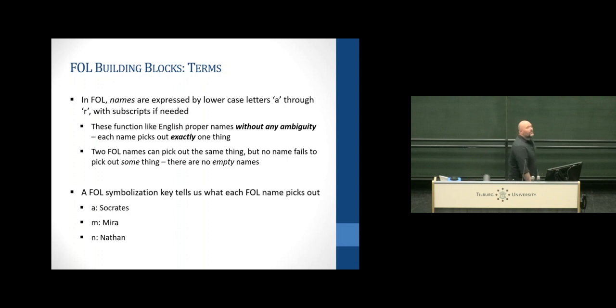Notably, we will allow for one object to have multiple names. So we can talk about, I don't know, Bruce Wayne and Batman. If we have one as little b1 and one as little b2, both of those can designate the same entity. That's perfectly fine. But importantly, for our language, for FOL, we cannot have a name that picks out nothing. We cannot have what we call an empty name, like, say, Bruce Wayne, which doesn't actually pick out anything.